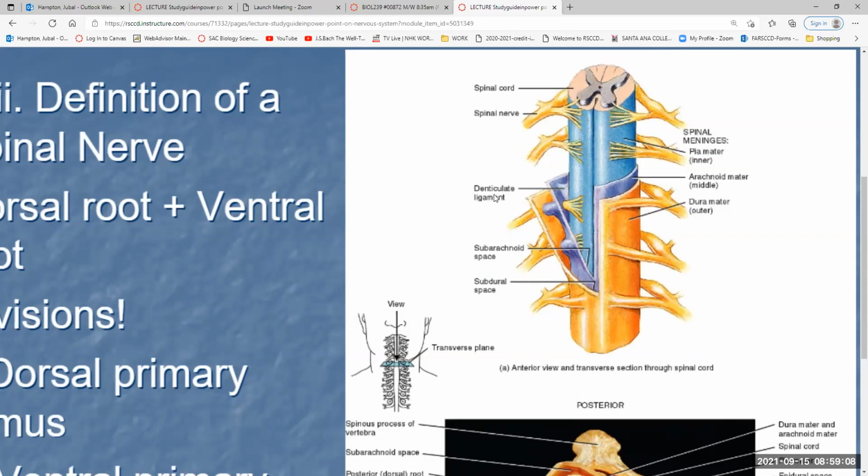Here we indicate the denticulate ligament, its presence along the cord that helps to secure it throughout. Here we see the meningeal layers, the dura mater, the arachnoid, and then the pia. These are present also on the spinal cord.